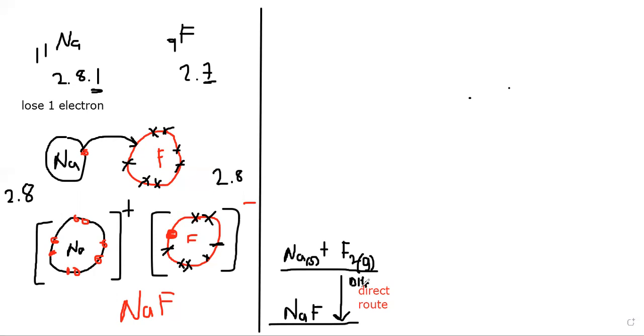Now, this sodium fluoride has 1 fluoride ion and 1 sodium ion. I can just say 1 sodium, 1 fluorine. But fluorine exists as a diatomic molecule, F2.